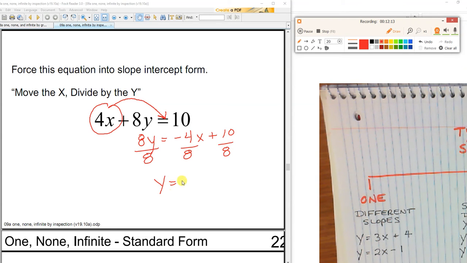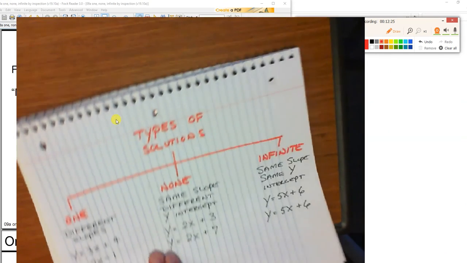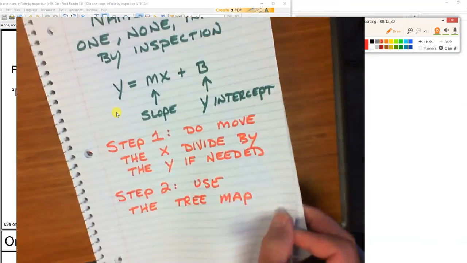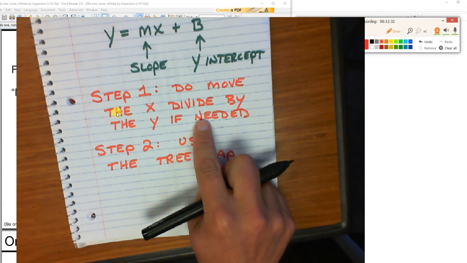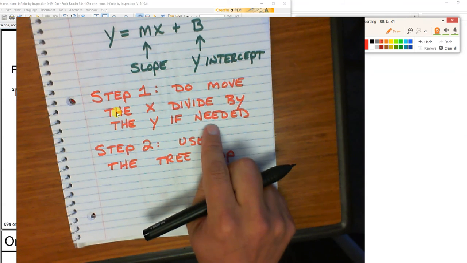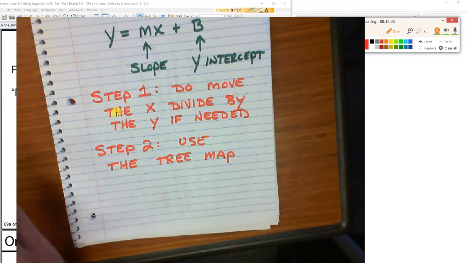So y equals and then you have to simplify. Remember, in our notes, I told you step 1, do move the x, divide by the y if needed, and then use my tree map.